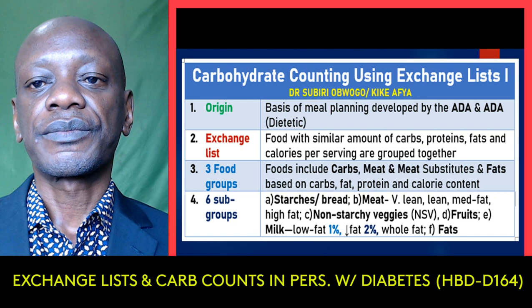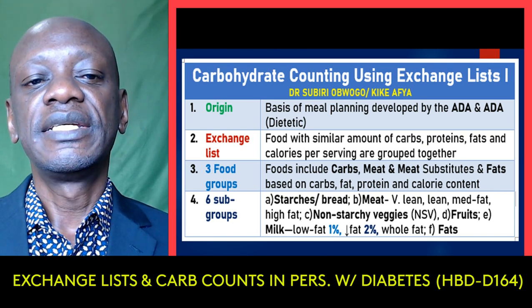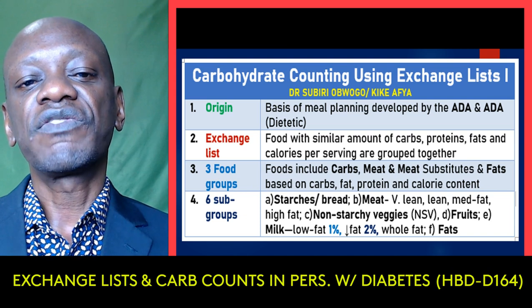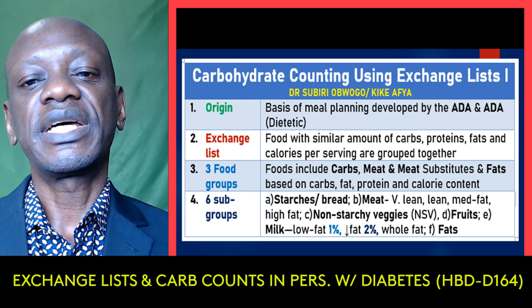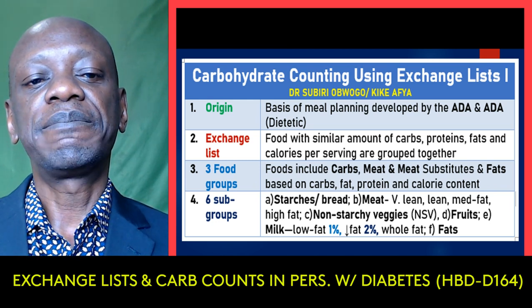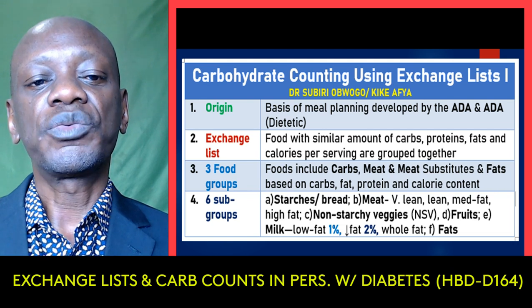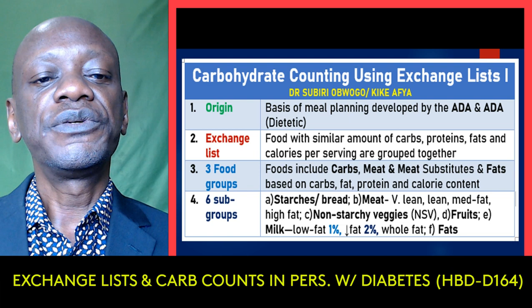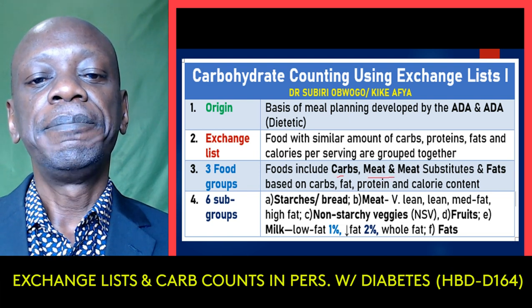So what is carbohydrate counting using exchange lists? The exchange list was the basis of meal planning developed by the American Diabetic Association and the American Dietetic Association. Basically, an exchange list groups together foods with a similar amount of carbohydrates, protein, and fats per serving. The foods include broad categories of carbs, meat and meat substitutes, as well as fats.